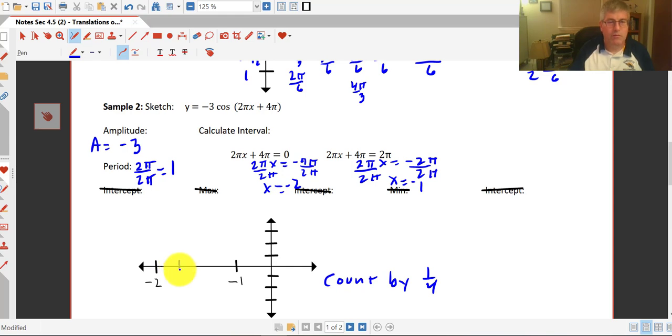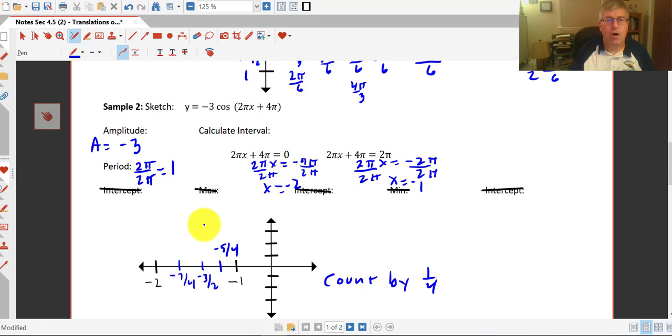Negative 7/4. And halfway here would be negative 3/2 or negative 6/4. And again, here we're going to have negative 5/4, and negative 1, of course, is negative 4/4. So negative 8/4, negative 7/4, negative 6/4, negative 5/4, negative 4/4. So we've got our critical points, so we can walk our way around the cosine curve.